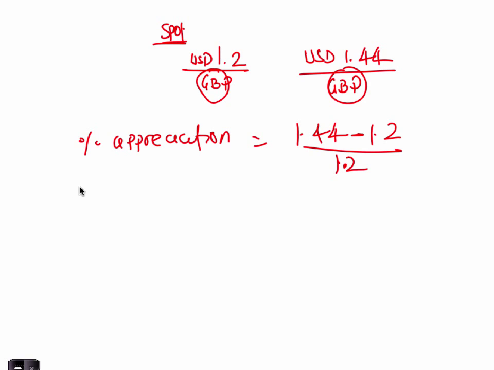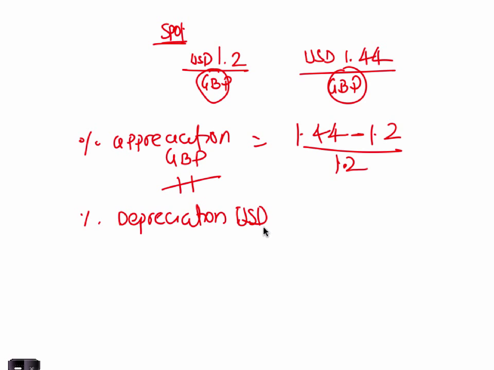But what is the percentage of depreciation in the US dollar? One rule of thumb is that the percentage of appreciation in GBP is not the same as the percentage of depreciation in the US dollar. So to calculate the percentage of depreciation in the US dollar, ideally we should bring the US dollar into the denominator.